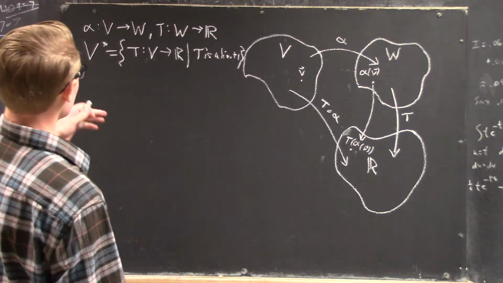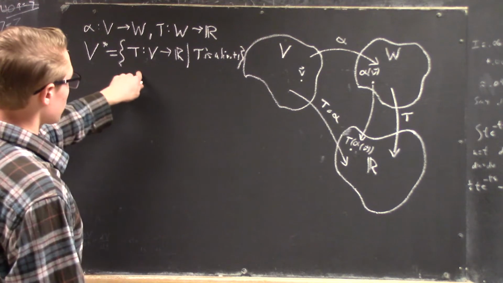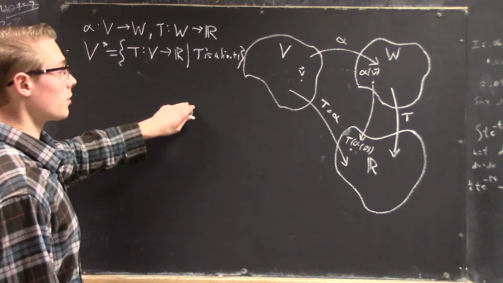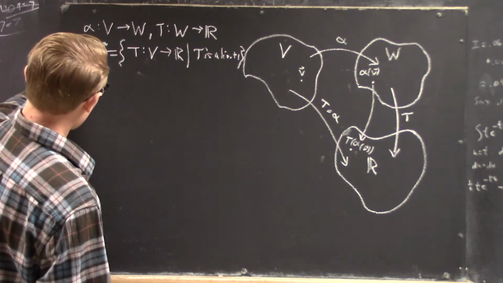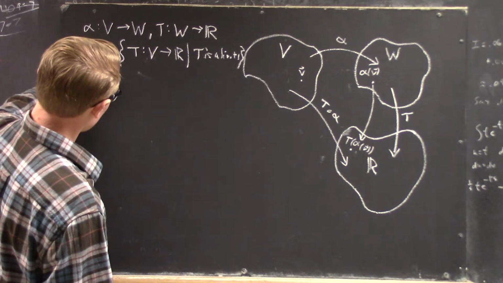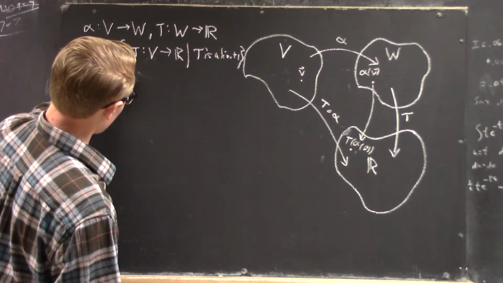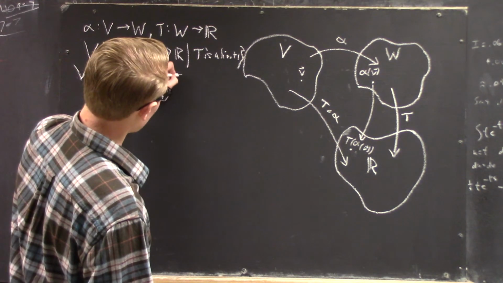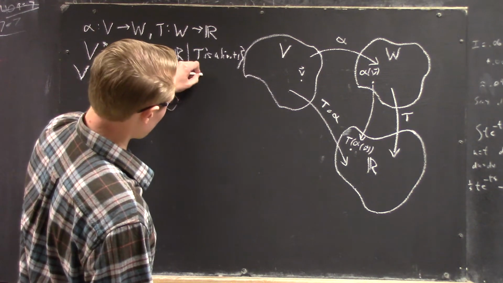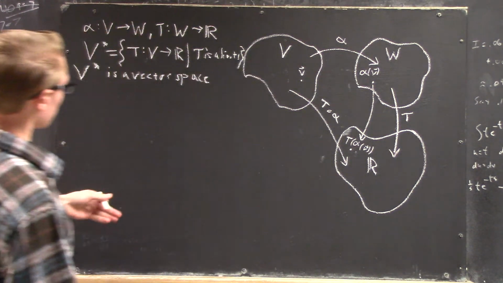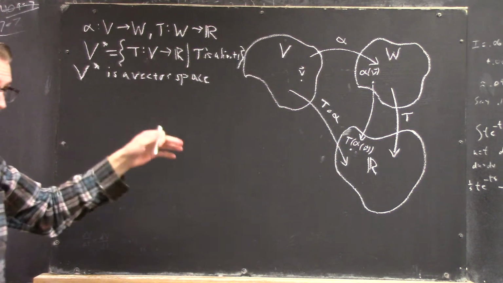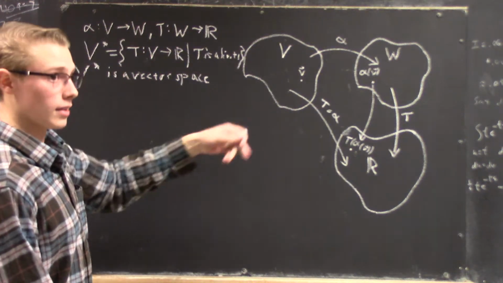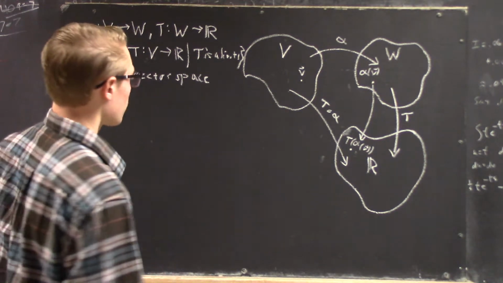Well, this set is also a vector space, although not proven. However, we can state that it is a vector space. And the way, of course, this would be proven is by writing out the closure axioms and stating that there exists a zero vector.